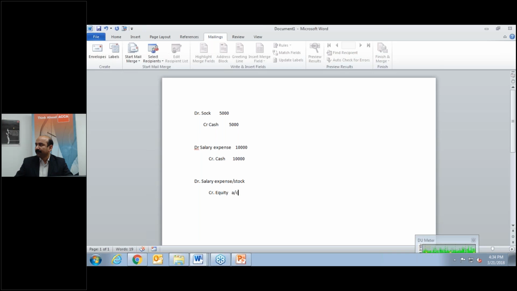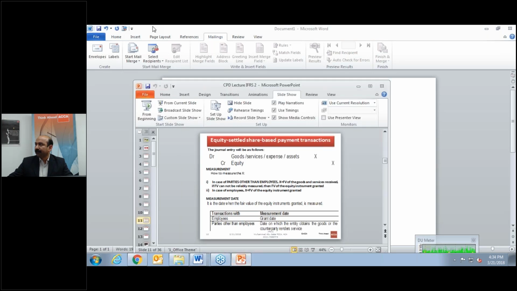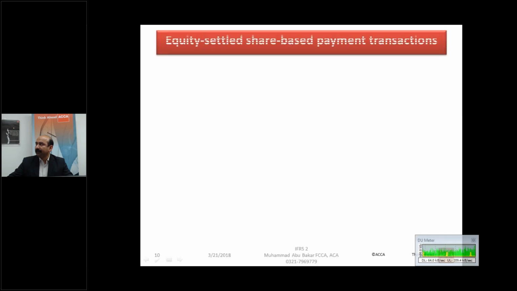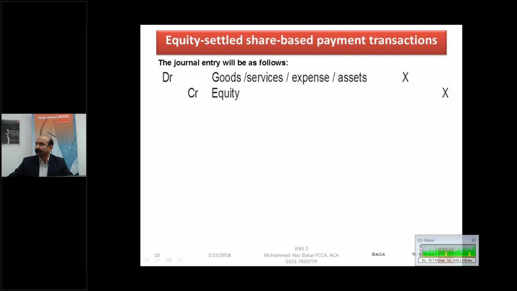Standard says, if we come back to our slide, the entry will be, like I have mentioned, this is the entry. Goods, services, expense, asset will be debit, equity credit.